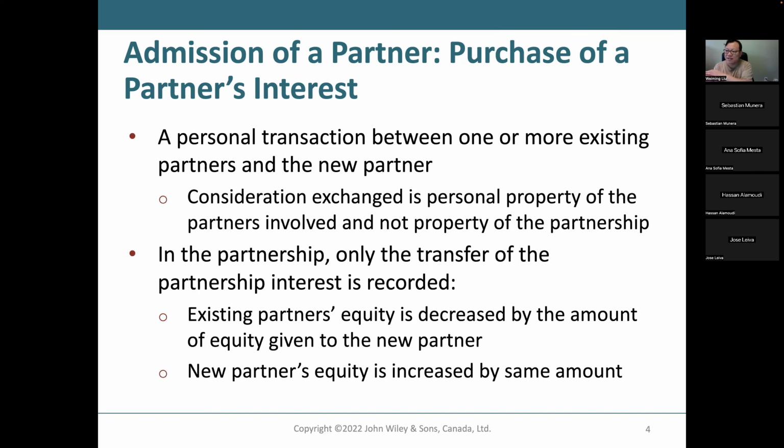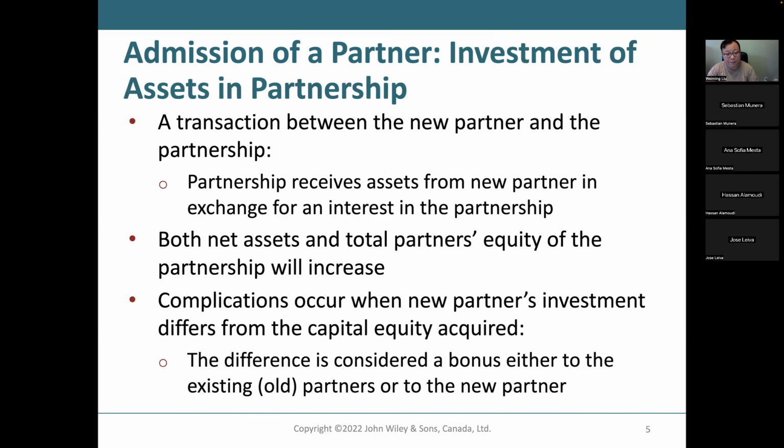In total, there's no increase. The second way is that the new partner is not buying from an existing partner, he's just making new contributions. In that case, the partnership's assets will increase, and capital will increase.